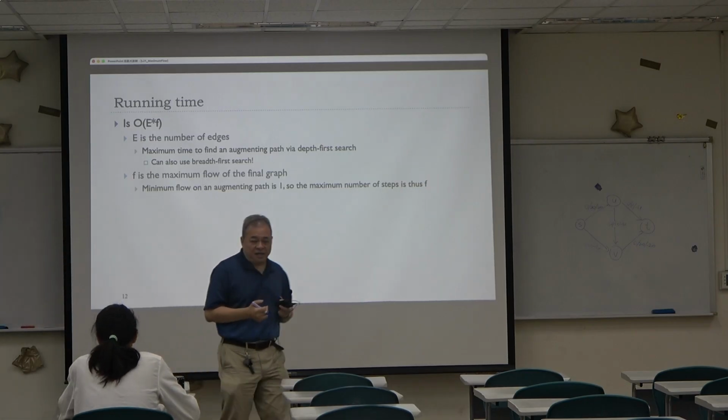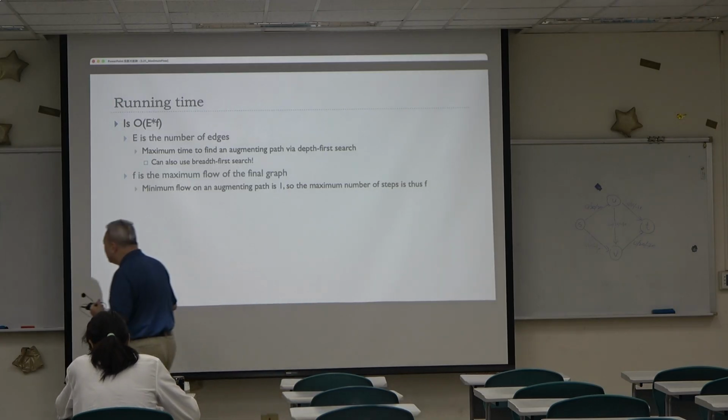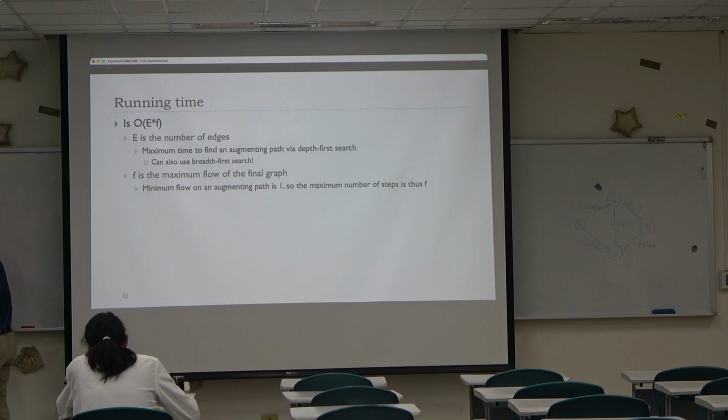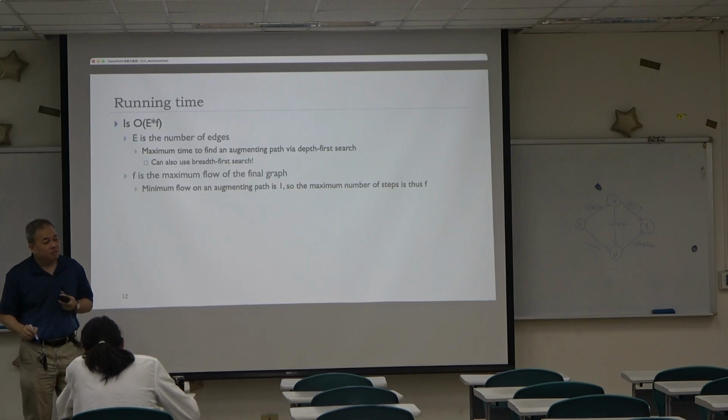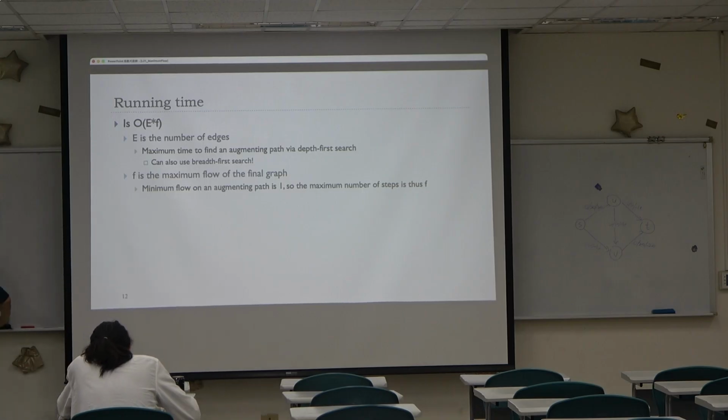The second try, you may end up using this path, because obviously you can make use of this back flow, right? So this one becomes 1 again. This one becomes 1999.